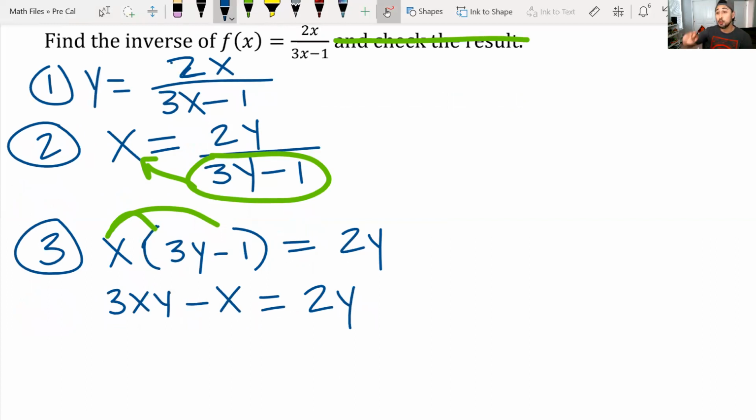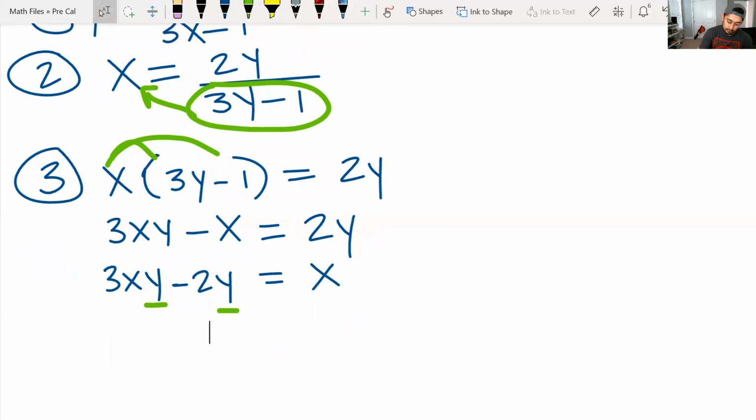So this means that 2y is coming to the left. 3xy minus 2y equals x. Again, you're solving for y. Greatest common factor is right there. Take a y out. y times 3x minus 2 equal to x.